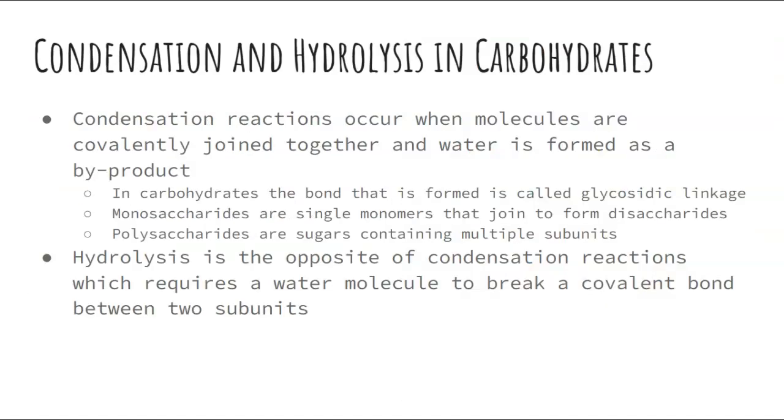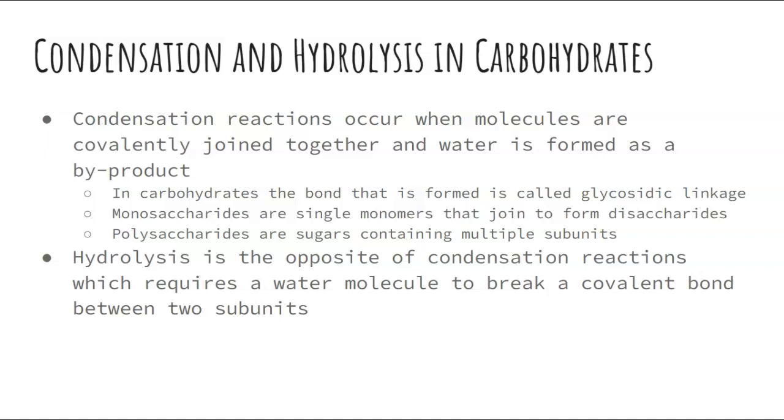When we're looking at carbohydrates specifically, condensation reaction occurs when molecules are covalently joined together and water is formed as a byproduct. The bond that is formed in carbohydrates specifically is called a glycosidic linkage. So monosaccharides are single monomers, and when they join together, they form disaccharides, right?